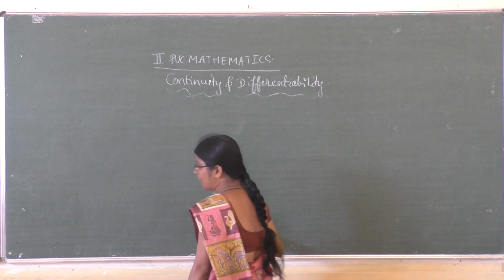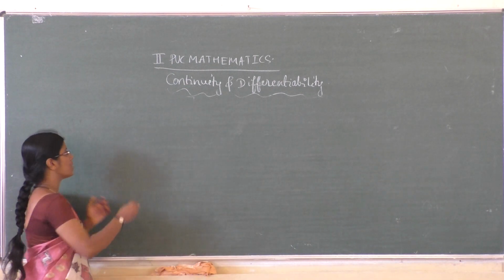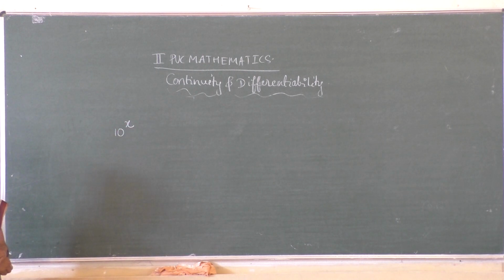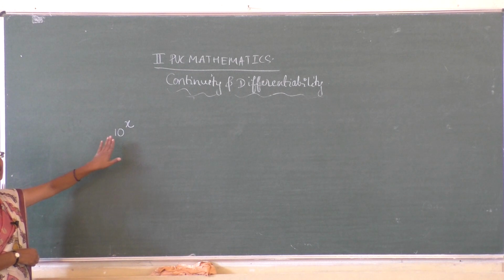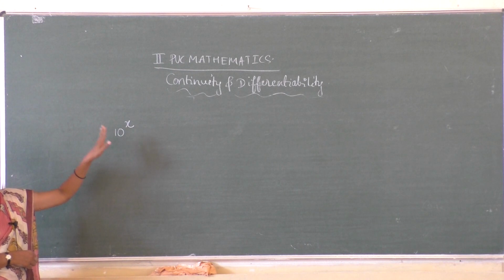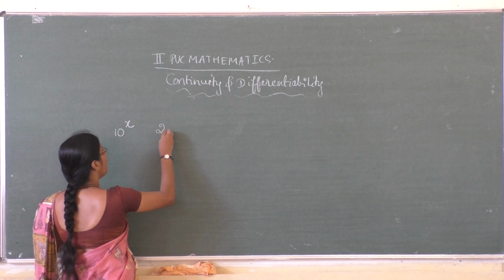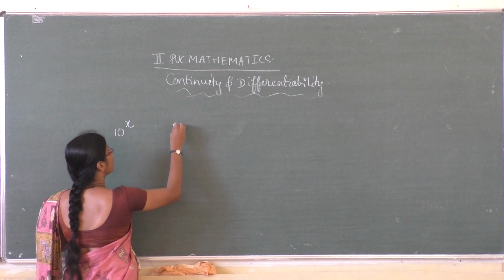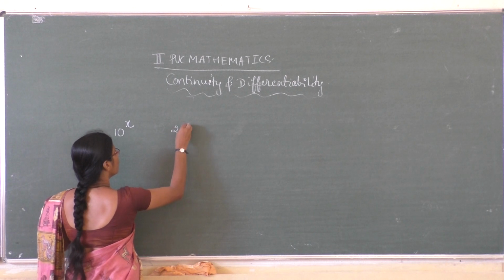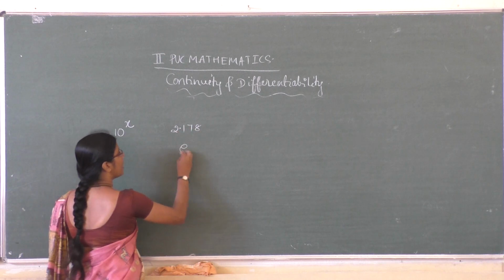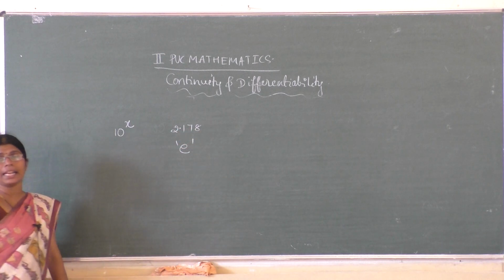We commonly use an exponential function to the base 10, that is 10 to the power x. Sometimes we use this, and this type of exponential function is called a common exponential function. And you have a number, somewhat 2.718, which is denoted as e.